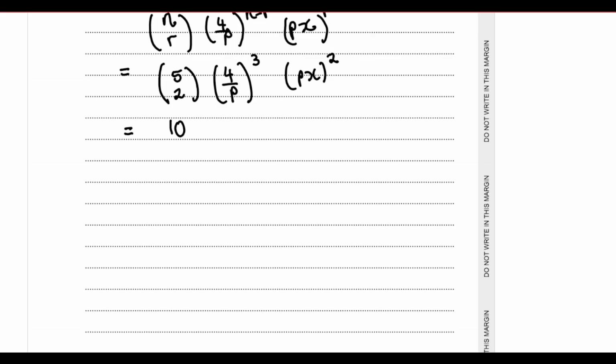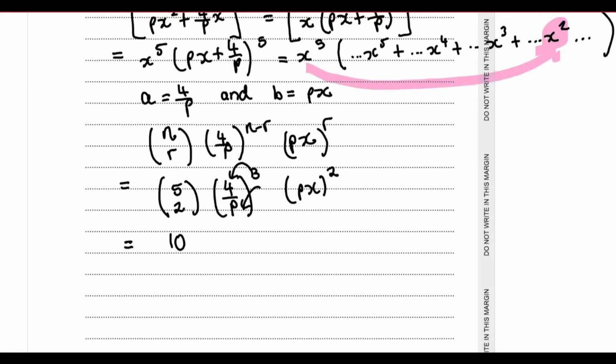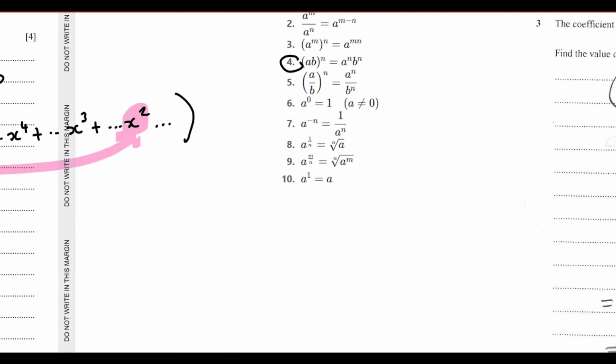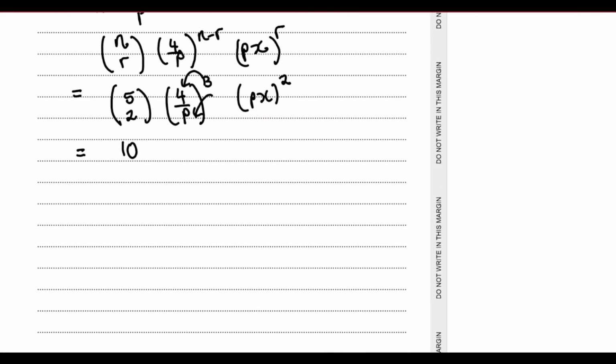Okay, now take in the 3 using your index law, that's specifically rule 5 over here. You'll have 4 cubed over p cubed. You can use another index law over there. It will be p squared x squared.